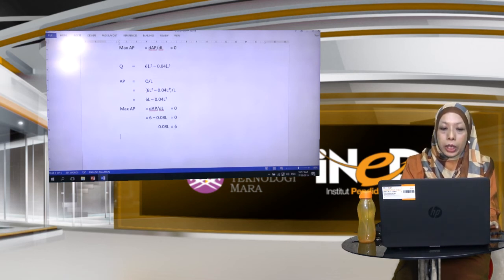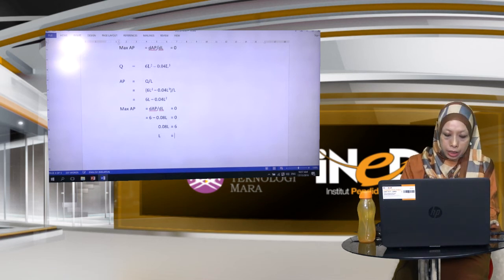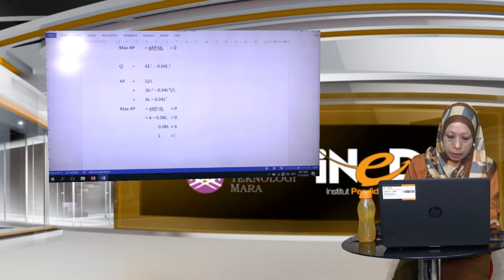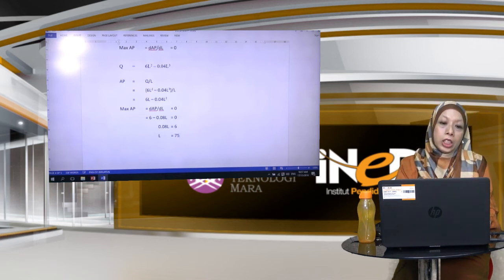When you solve for L, you're going to get L equals 6 divided by 0.08, and that will give you 75. So if you want to maximize average product, then the value of labor must be 75.